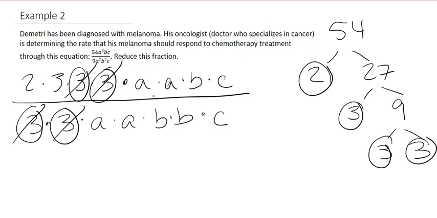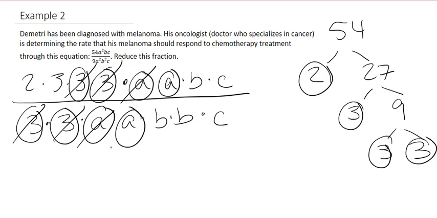Now we have two a's. So an a here, let's cross these out because that's also equal to 1. An a here and an a here, let's cross these out as that is also equal to 1. And so now we're left with a b here and a b here. We'll cross these out because b over b is 1.